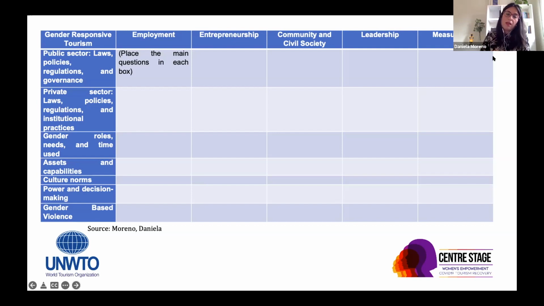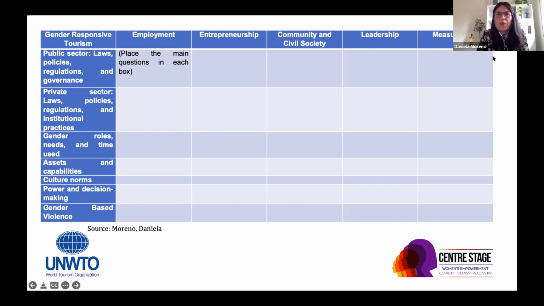And gender-based violence is a very important domain that I would like to highlight. When I am talking about gender-based violence, I'm talking about, for example, sexual harassment, violence in a particular organization, in a particular company. I am talking also about sexual exploitation of women in tourism, and sexual exploitation of children in tourism as well.